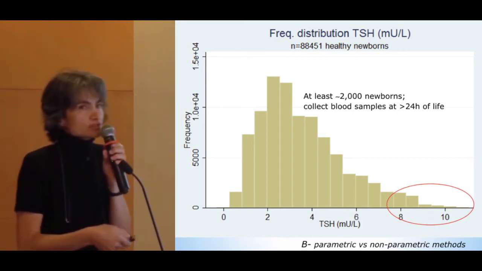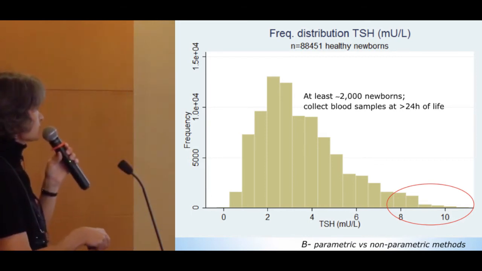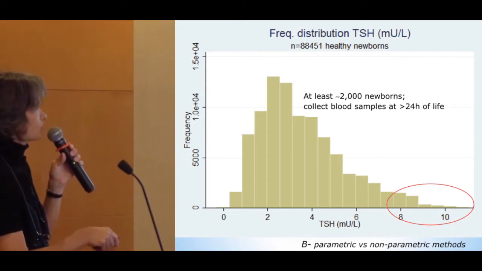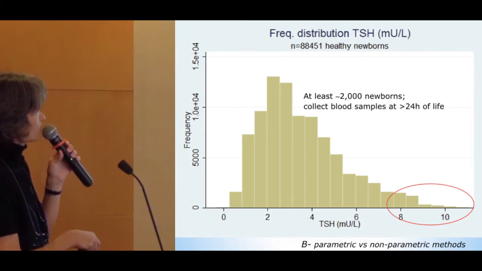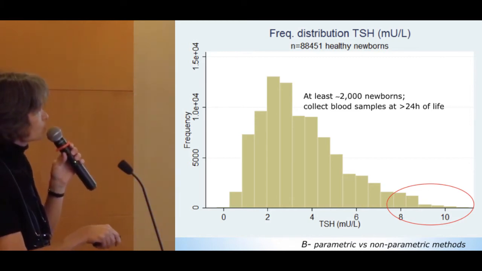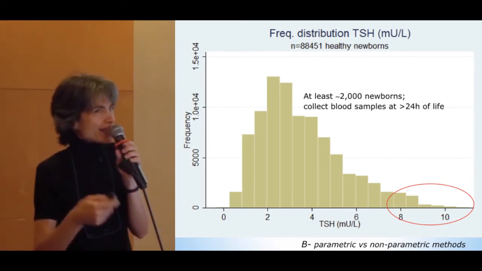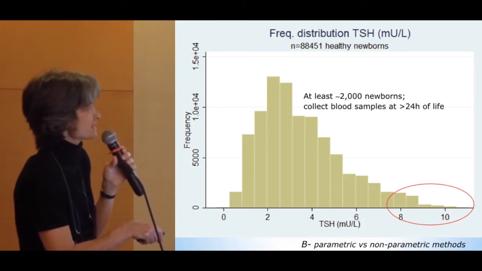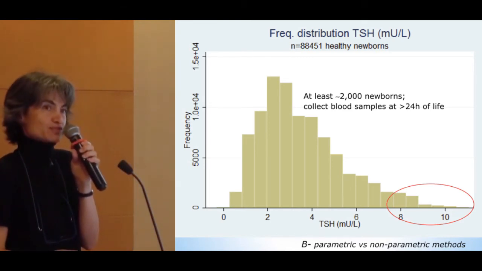If you measure your 2,000 samples, you end up having a distribution much similar to this. This is our data that comes from almost 90,000 samples. And as you can appreciate, the distribution is not symmetrical. And because we are lucky, we have to work on this side of the curve, exactly where the hypothyroid subjects are.